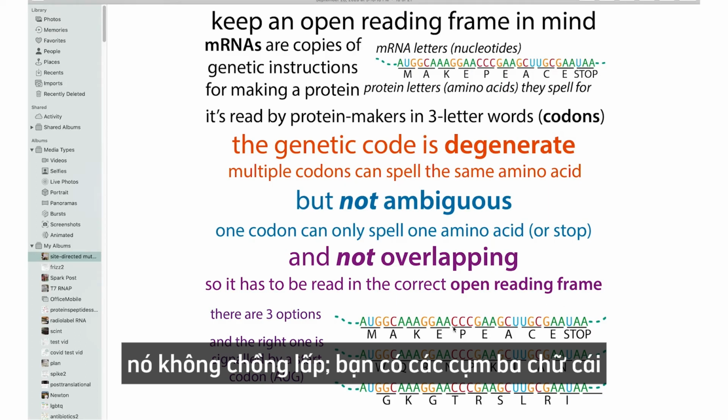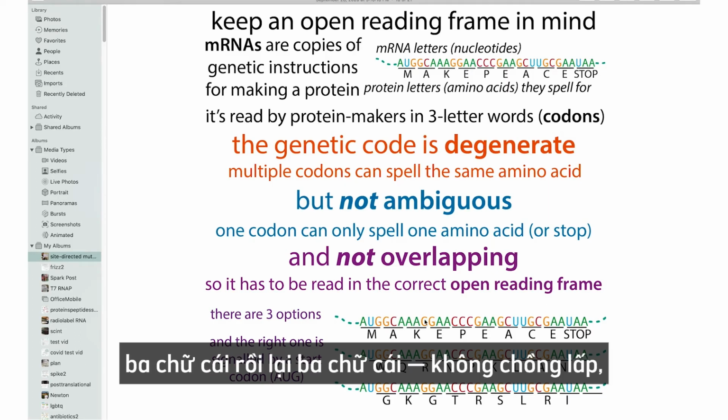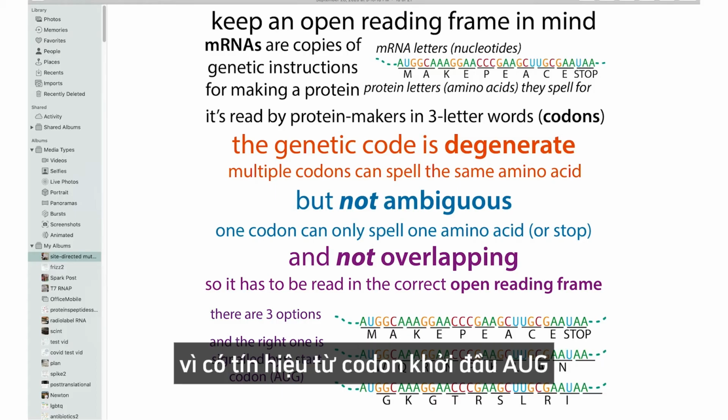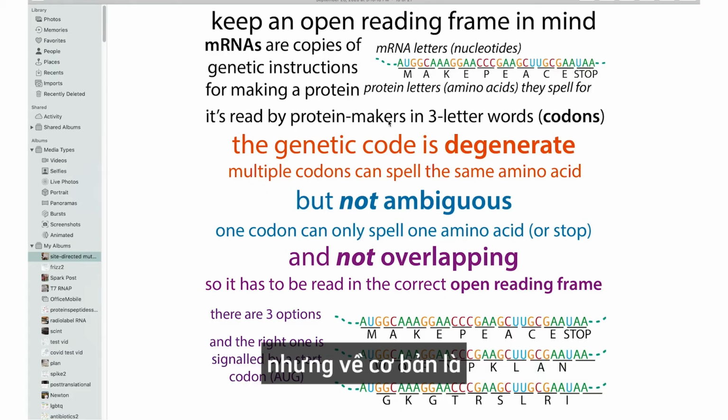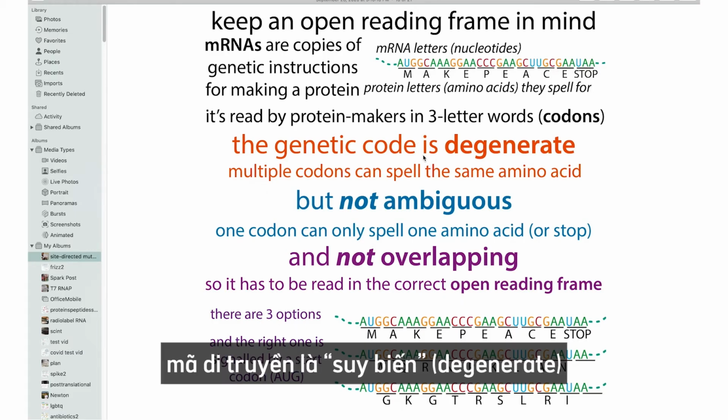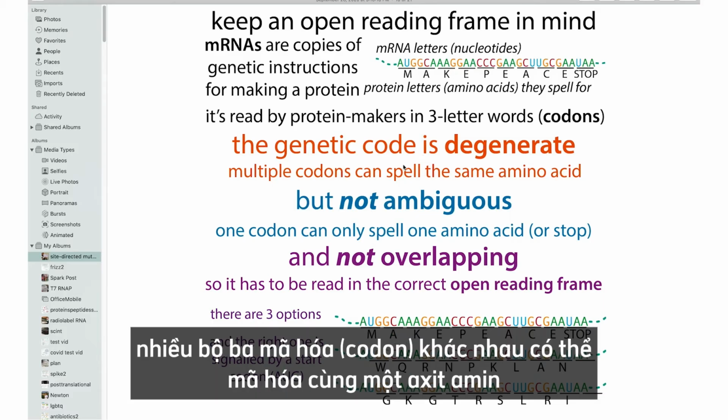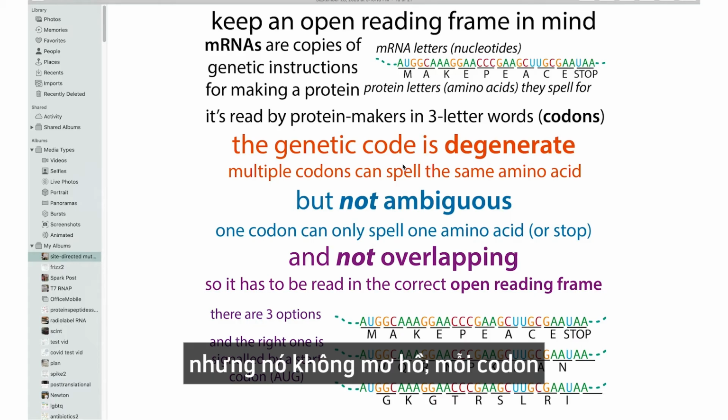it's not overlapping. It knows where to start because it's signaled by the start codon AUG. But the code is degenerate, which means that multiple codons can spell the same amino acid, but it's not ambiguous.